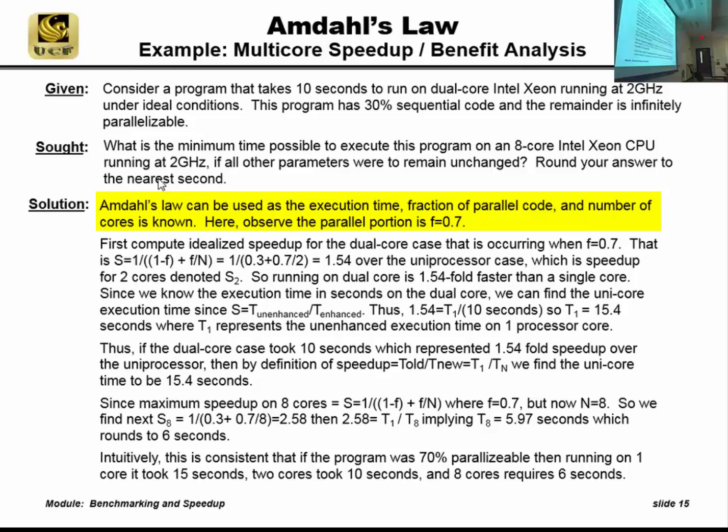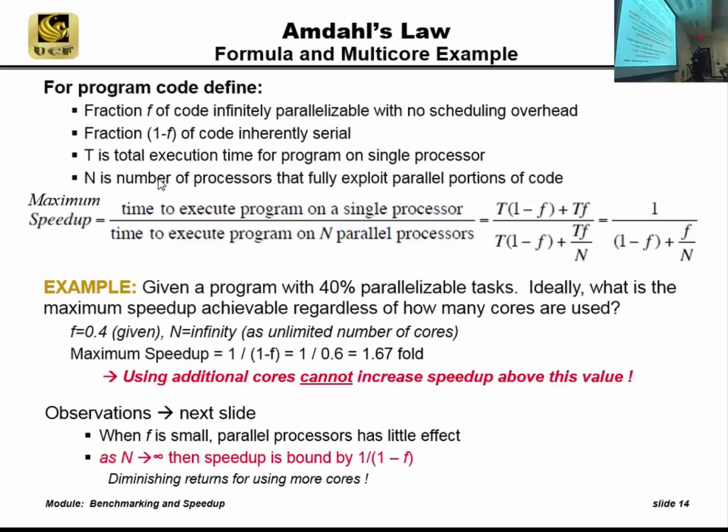So the first thing we want to think of when we see this problem is that we can apply Amdahl's law. We have a fraction that's parallelizable. We have a running time. We can substitute this. We have one equation with 2 unknowns, and both values are given. We can solve. But the interesting thing about this problem is they're giving you the running time of 10 seconds. Is it on a uniprocessor? No, that's on a dual core.